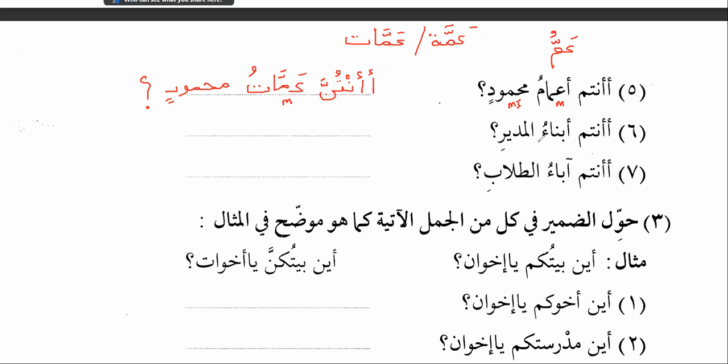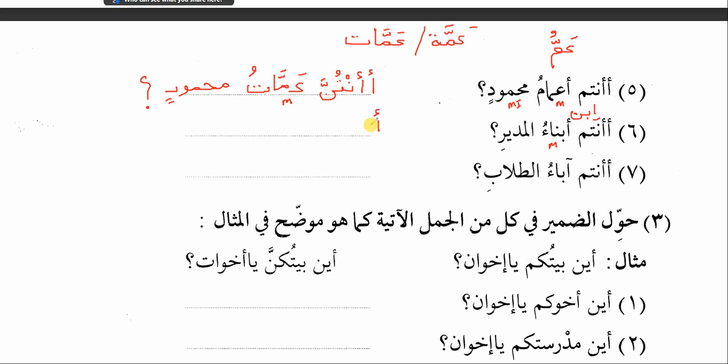Antum abna'ul mudiri. This is also mudaf. Abna' is the plural of sons. The singular is ibn. So, what is the feminine for ibn? Bint. And the plural of bint is banat.